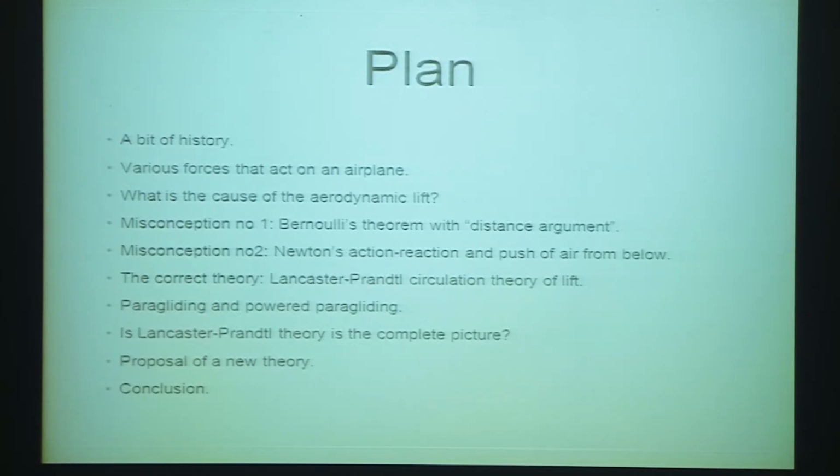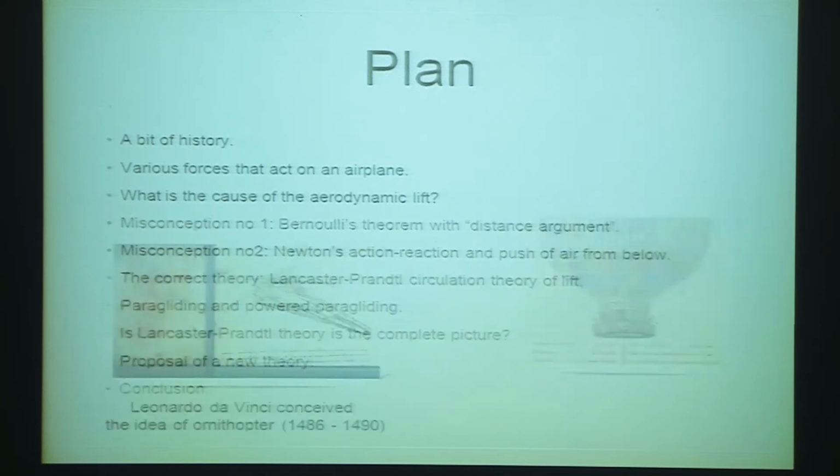That I argue, at zero angle of attack, it has some gaps. Then a little bit about paragliding and powered paragliding. As Jerry told, I am recently interested in these things as a weekend hobby. Then the question is: is the Lancaster-Prandtl theory a complete picture? This is the question I will pose, and then I will propose this theory and then conclude.